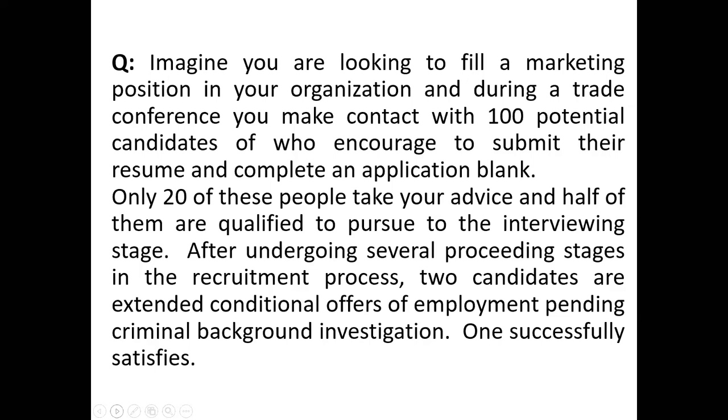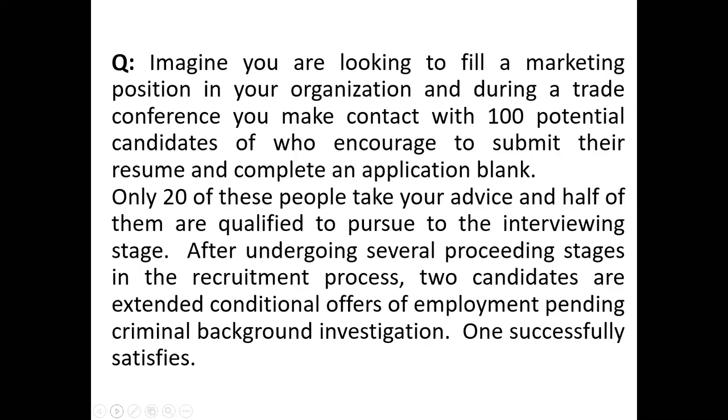What you do not have here, just for the purposes of this exercise, is a question. In your real exam, you will have a question. And what you do, of course, is always relative to the question. The question might ask you, what is your yield ratio of conditional candidates to interviews?